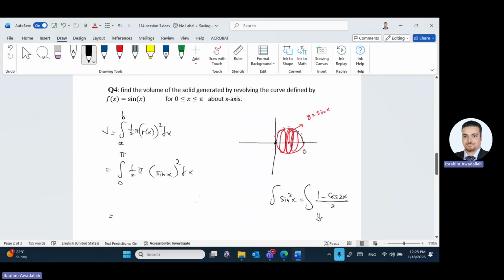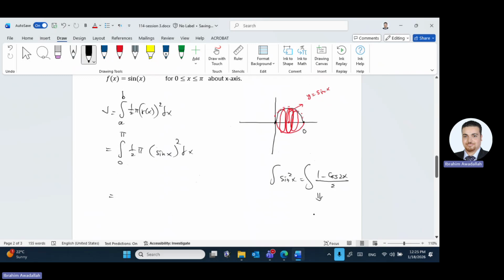But last lecture we were finding the integration, this lecture we're finding the volume. So it's fine to use the calculator to find this integration to save time only. So the integration will be pi times this one, and the integration here will be another half, so pi squared over 4, which is equal to 2.467, etc.